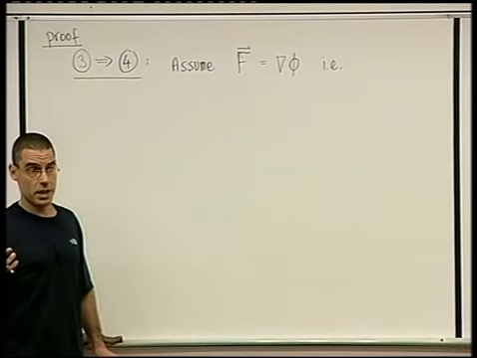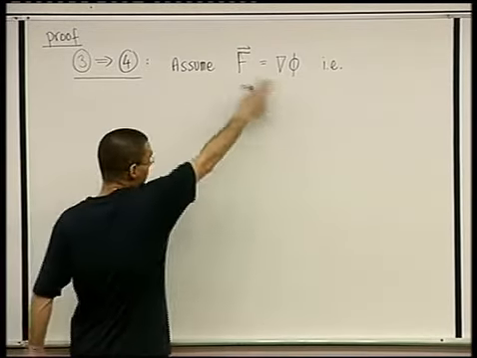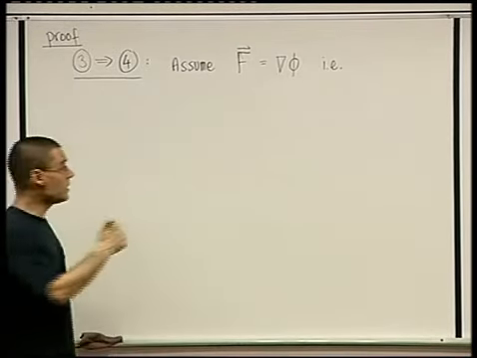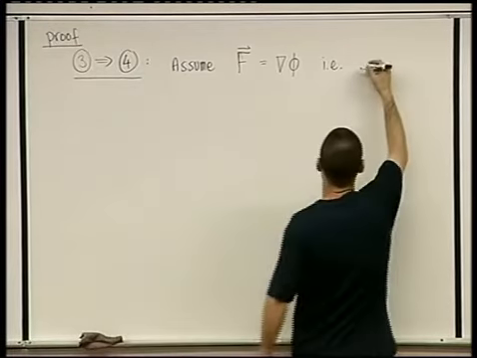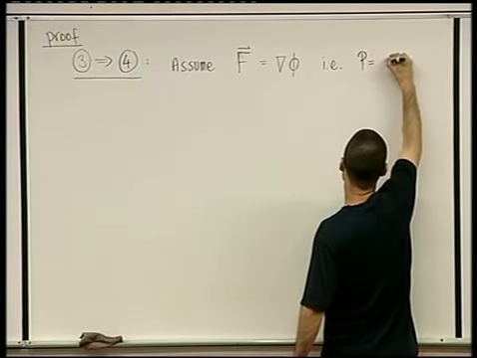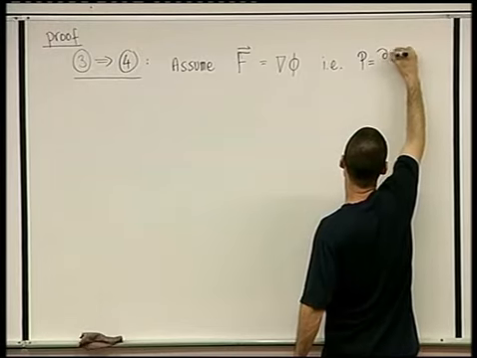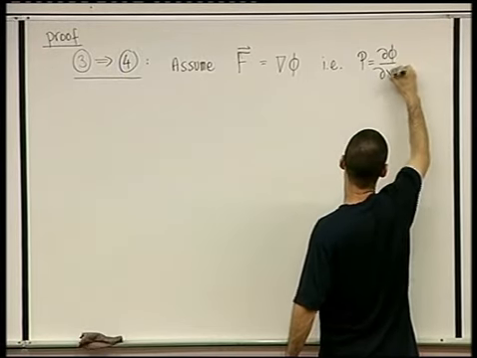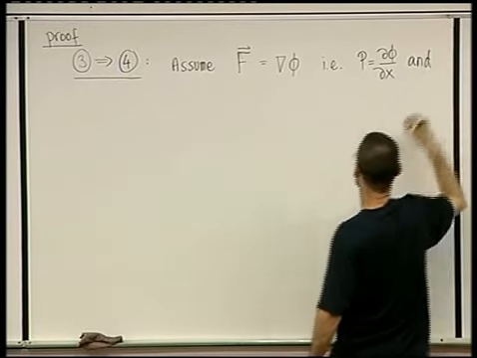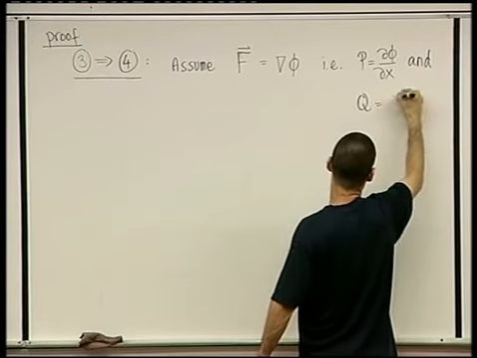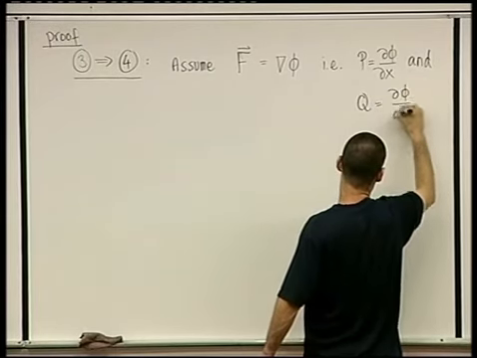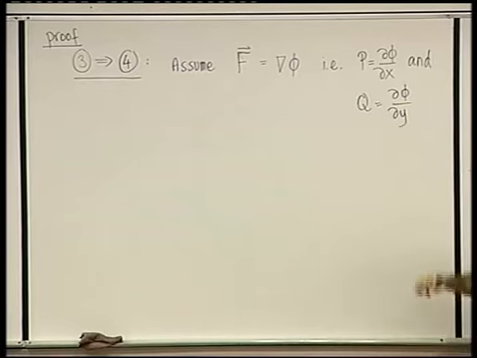That's the gradient, right? The components of f are p and q. Saying that these two are equal merely says that p is the derivative of phi with respect to x, and q is the derivative of phi with respect to y. Do you agree that that's our assumption now?